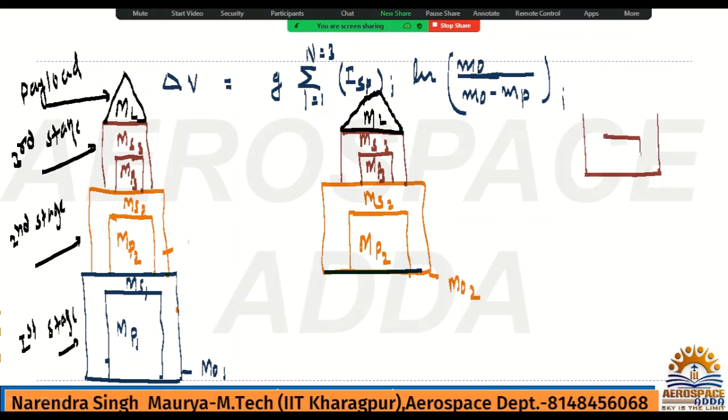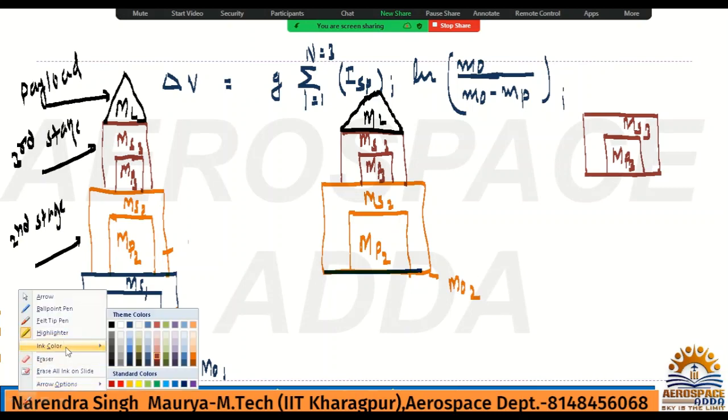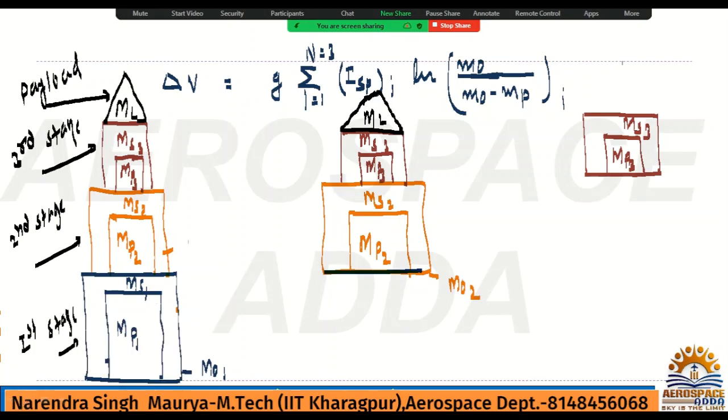In this third stage you will have the propellant of the third stage MP3, the structural mass of the third stage MS3, and you will have the payload. So based on these two diagrams, we need to solve the problems.